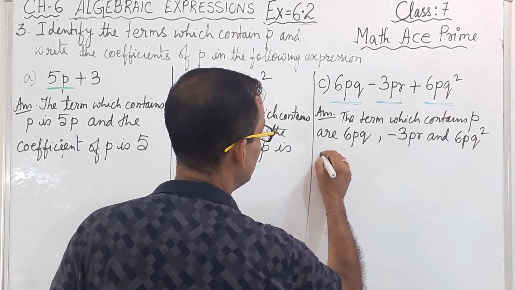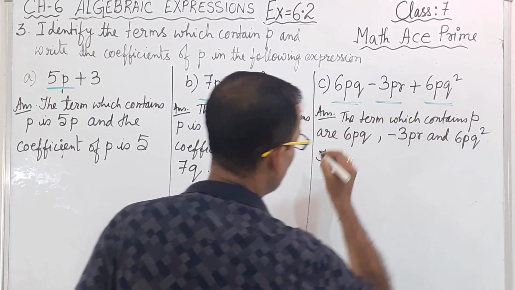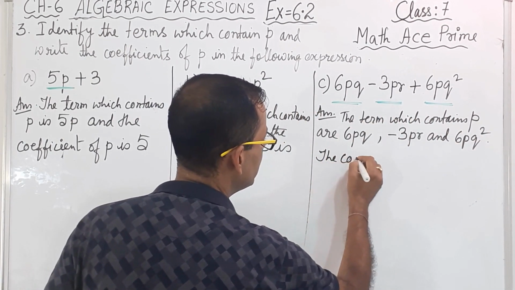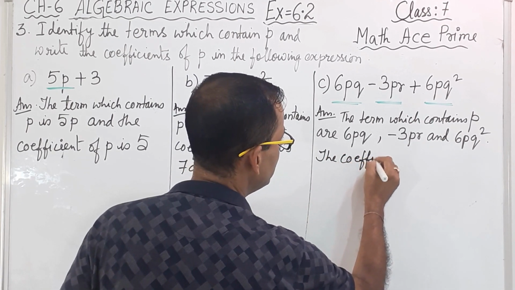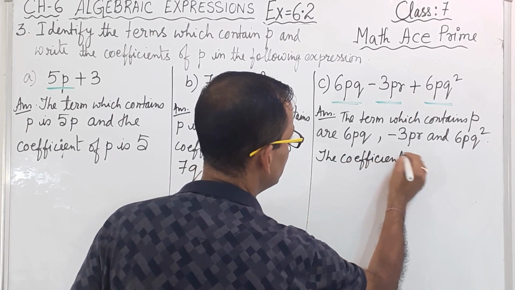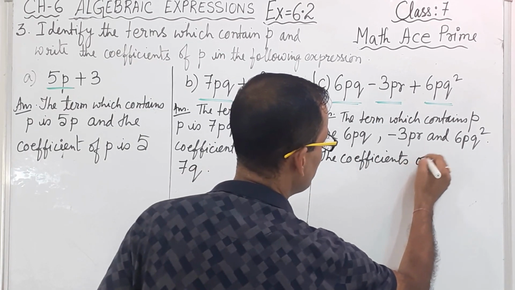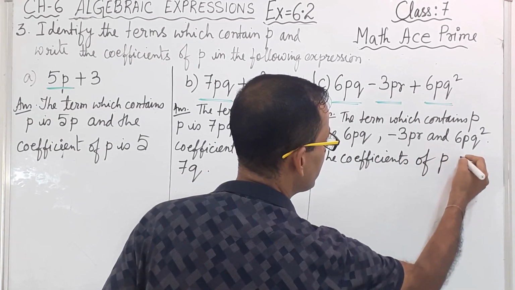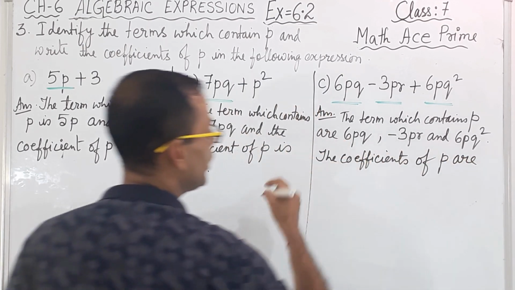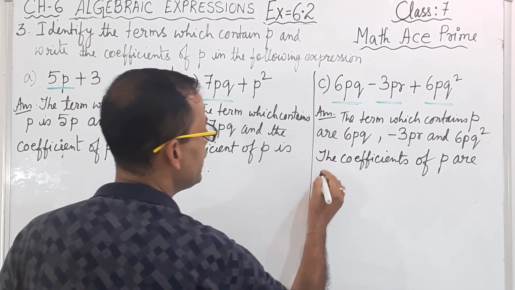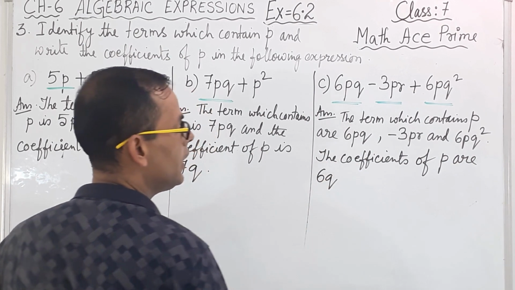Okay, or you can give a full stop. The coefficients, what? They are asking the coefficients of P. The coefficients of P are what? For this one, what it will be? 6Q. Clear no?